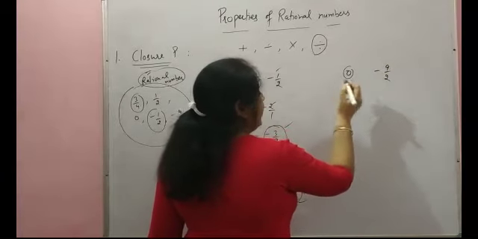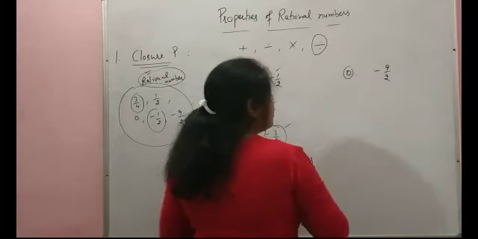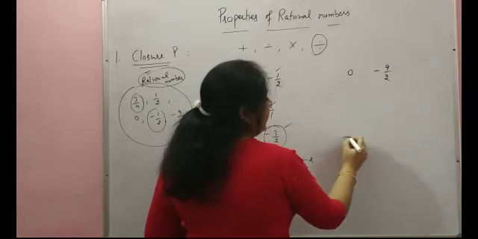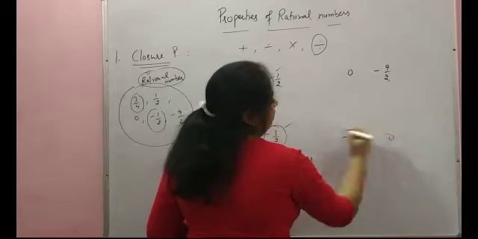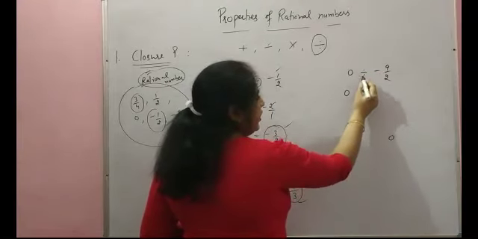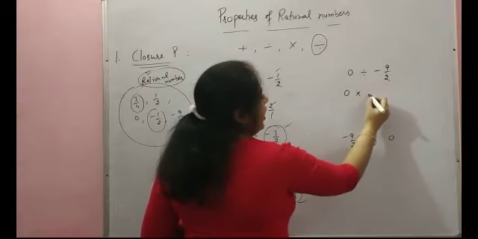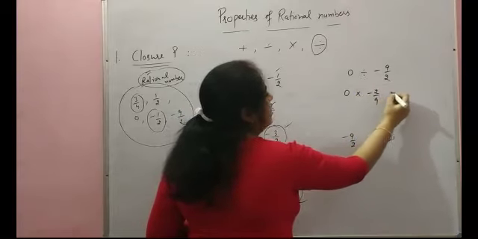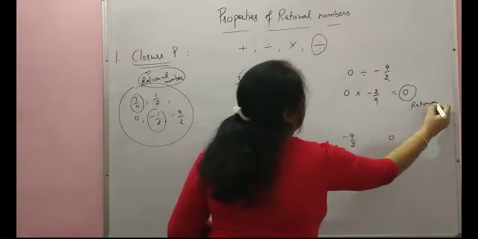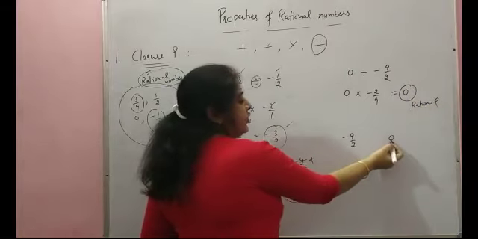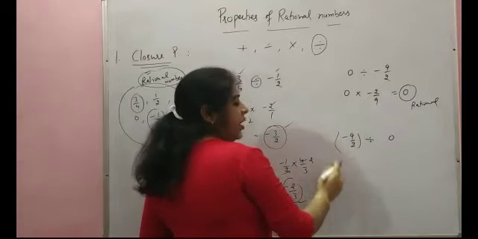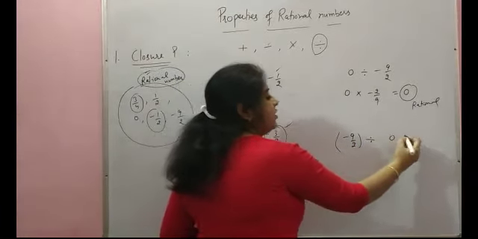If we are dividing them, first case 0 is at the first place, second case 0 at the second place. See, divide changes to multiply and this will be reverse order. The answer would be 0. This is a rational number. But when we are taking 0 at the second place and we are dividing them, we know that any number divided by 0 is not defined.